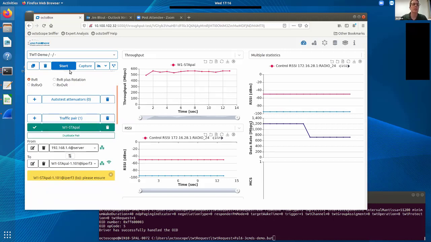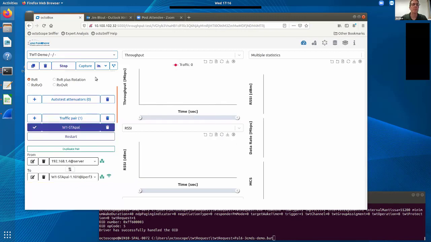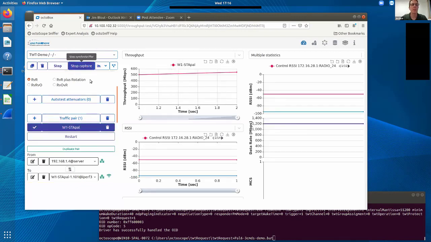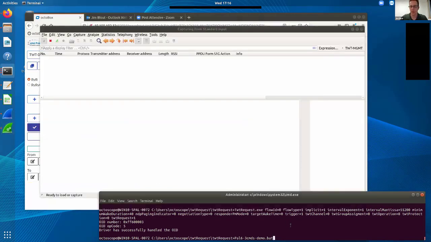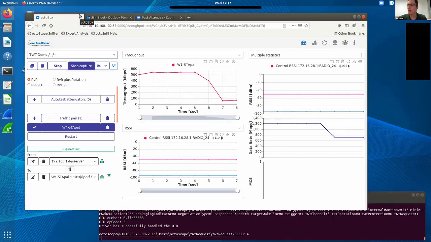So we start the traffic running. And when this is running, I've got a little batch file on the bottom that's going to generate the TWT requests on the Windows StayPal. So the traffic is already at the point where the first request was sent.